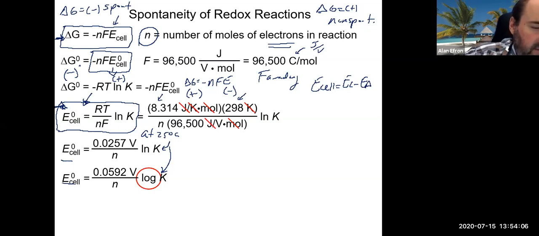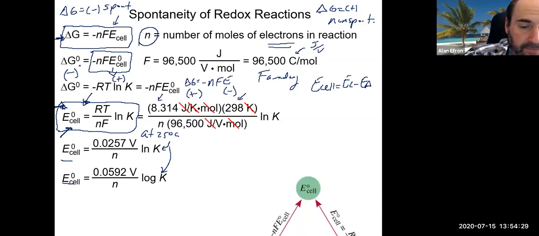That's because you're using natural log or regular log, and slight rounding can make a little bit of difference in the number you get. So I would just go with this equation here, remember it, and plug and chug all the numbers in and you'll be fine.